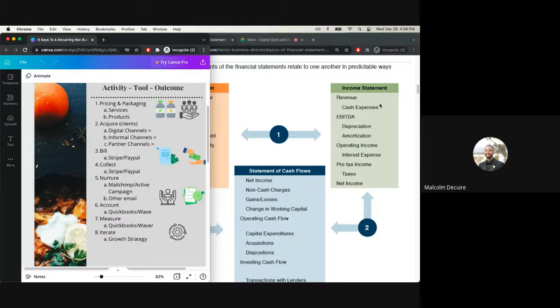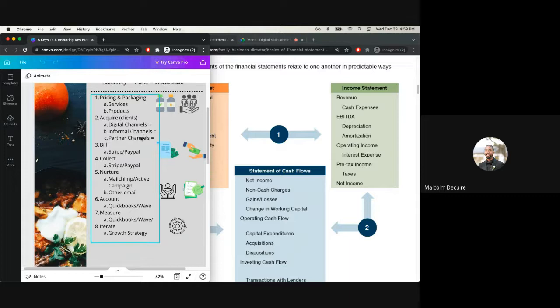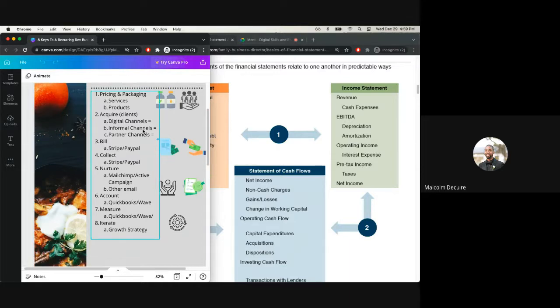So he's pricing them right. He's acquiring customers through different channels. So he's going to have an expense for paying for Instagram ads, which is a digital channel. He's going to have an expense for paying for Facebook ads because that's a digital channel. He's probably going to have an expense for informal channels, meeting people at dinner parties, taking folks out to lunch. So those are all going to be on expenses.